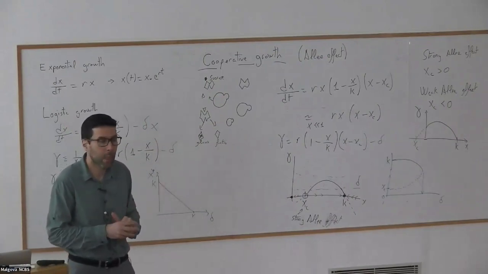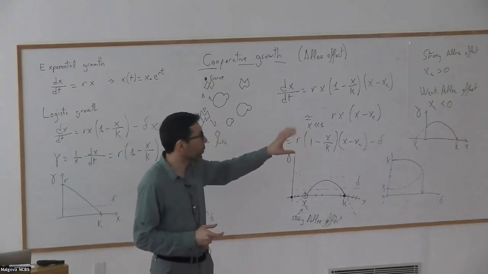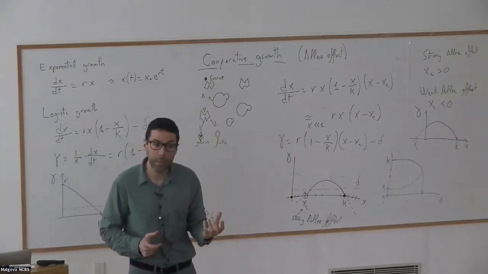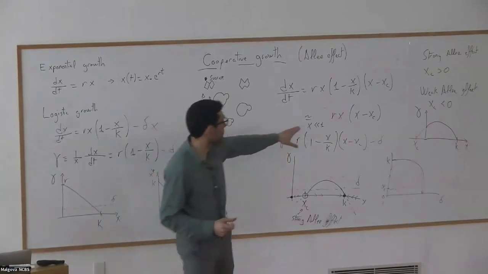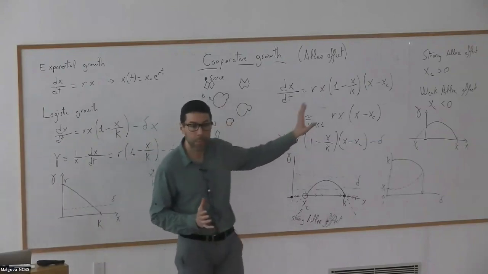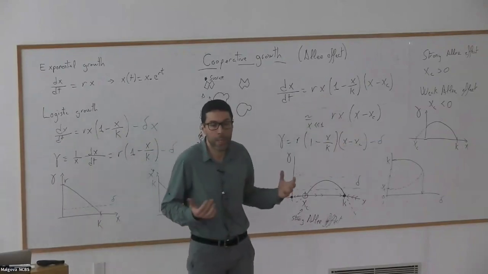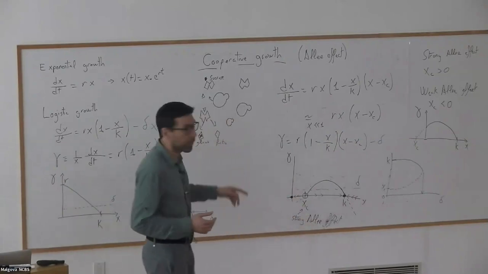So these were all grown in a sucrose environment? No, these are different. For these ones, we don't really know the mechanism. This was just to show you why we sometimes use these kinds of models, because this is a phenomenological model that captures cooperative growth, no matter whether you know the mechanism or not. So in this case, we don't know the mechanism.